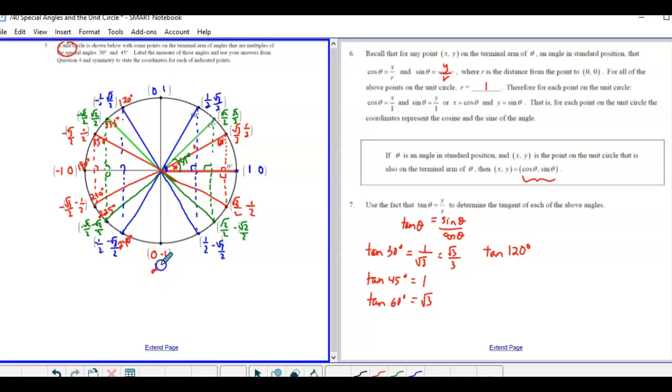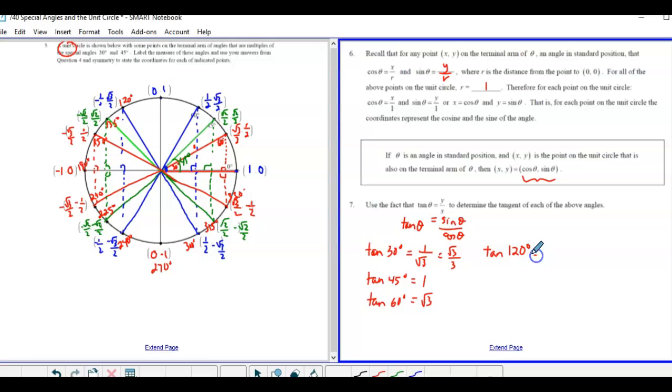This is 270. Then here you could go 360 minus 60 is 300. Then 360 minus 45 is 315. And 360 minus 30 is 330.